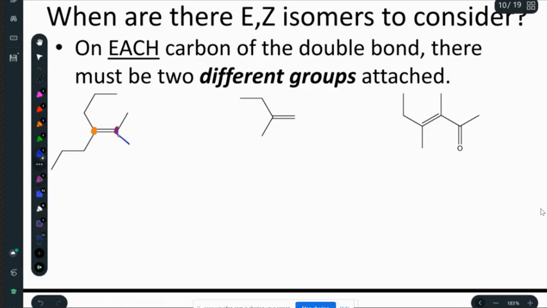So let's start on the right here. On the right, I've got a methyl group and a hydrogen. Are those two different? Yes, they are. If I look at the left, are those two different? Well, here I have what I would call a propyl group and a propyl group. So no, those are the same.